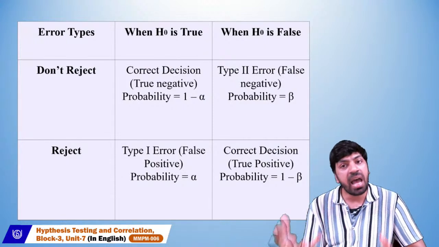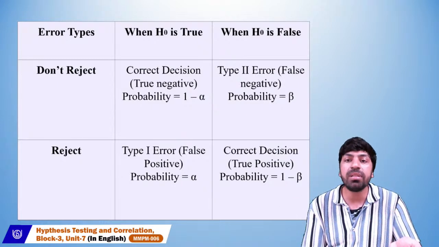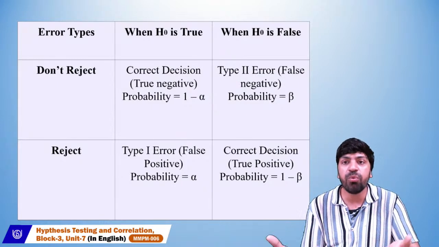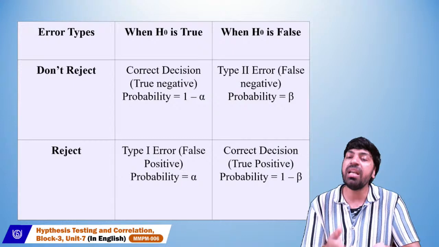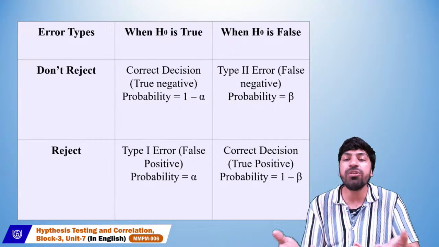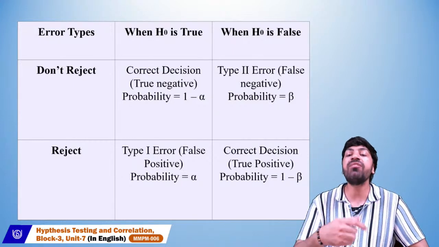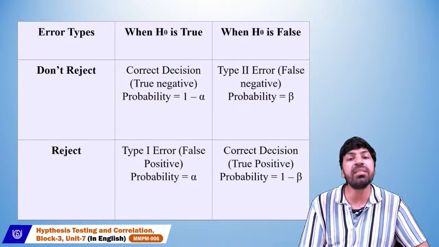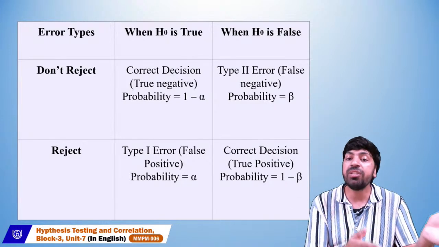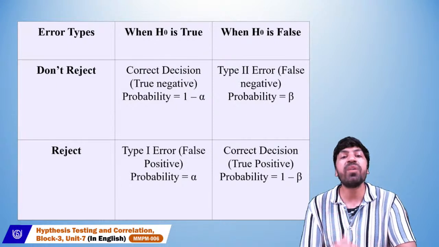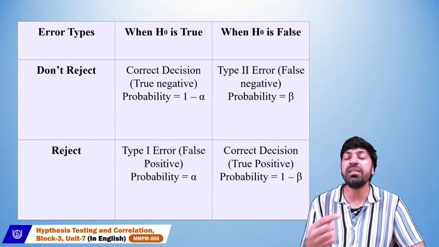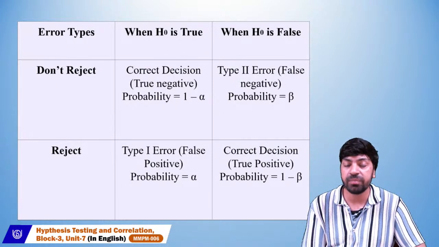If the null hypothesis is false, and the researcher has rejected that null hypothesis, that means the researcher has taken the correct decision. That means it is a true positive.